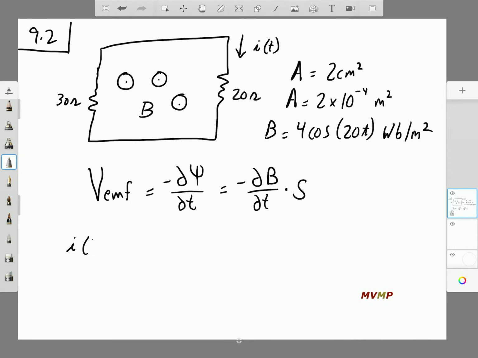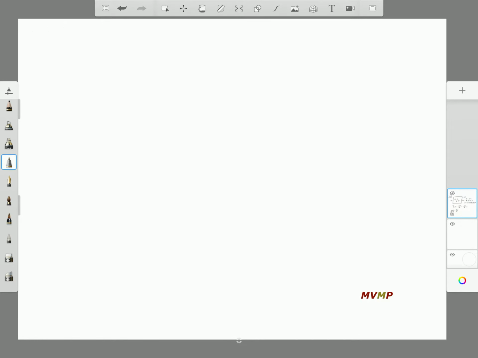And we know we are looking for I(t), so this is just Ohm's law. Once we find VEMF, we divide it by the resistance, and we get our I(t). So we are going to go ahead and do that.